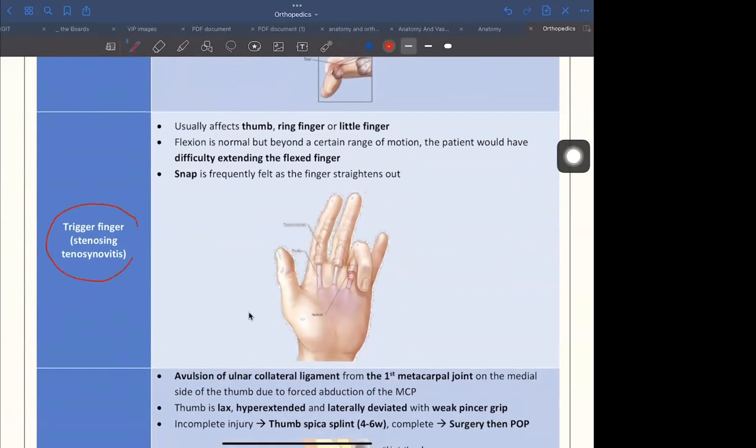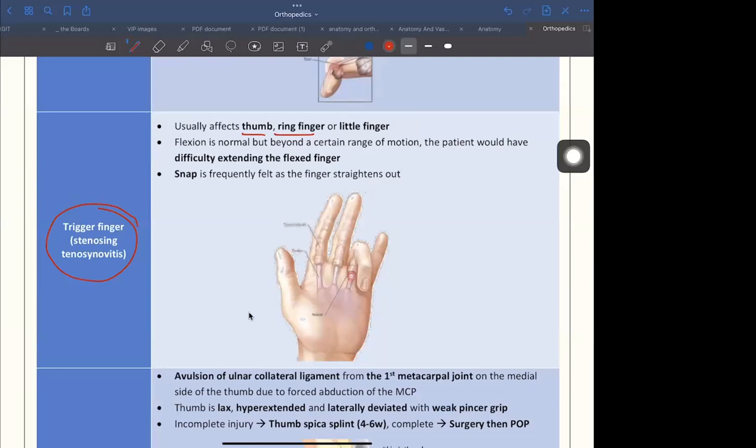There is something called trigger finger, or tenosynovitis. Most of the time it affects your thumb, ring finger or little finger. Flexion is normal, but beyond a certain range of motion, the patient will have difficulty extending their flexed finger.